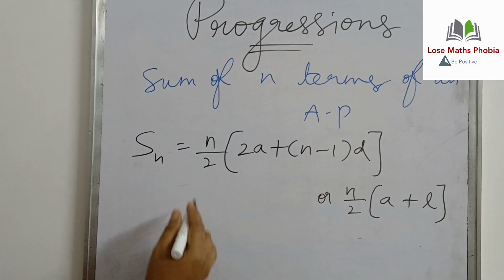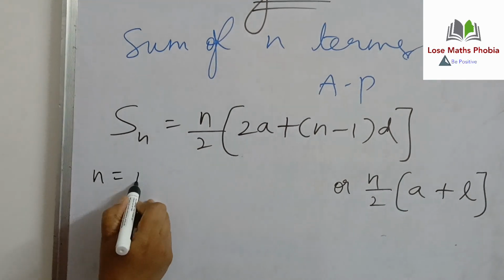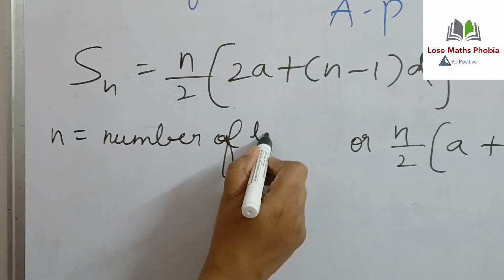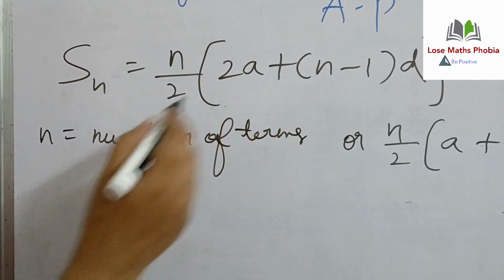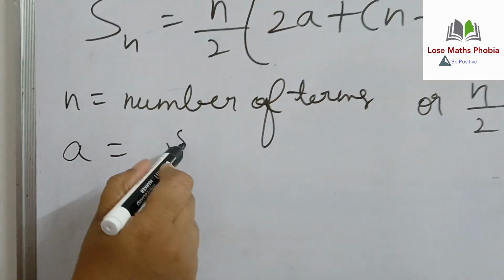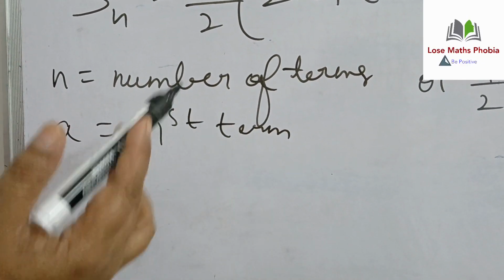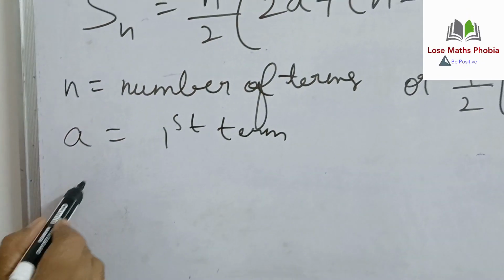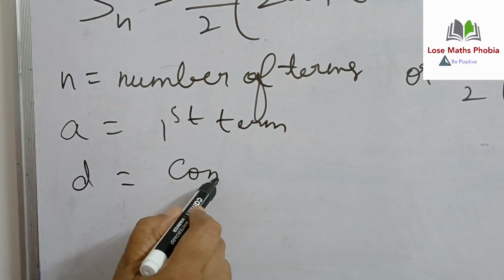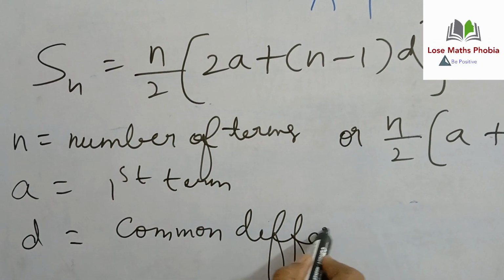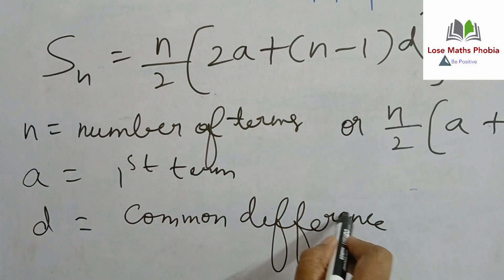Now let me describe the terms. n is number of terms in that AP. And a, as usual, first term. You can write first also. And d is common difference. Here, as usual, the same.